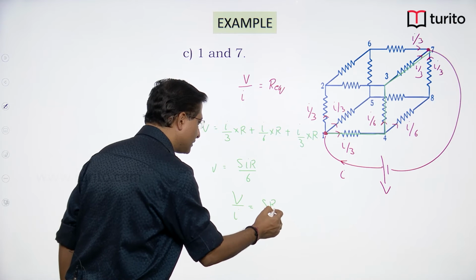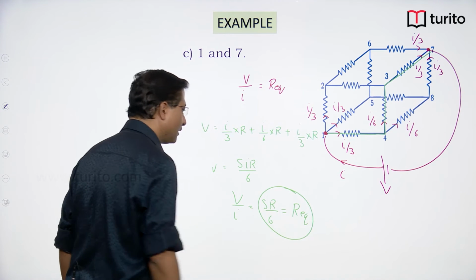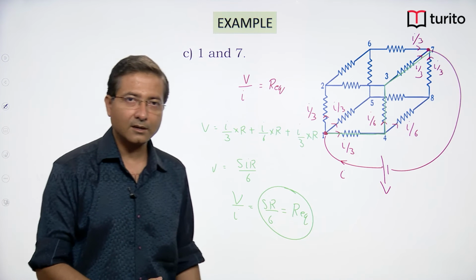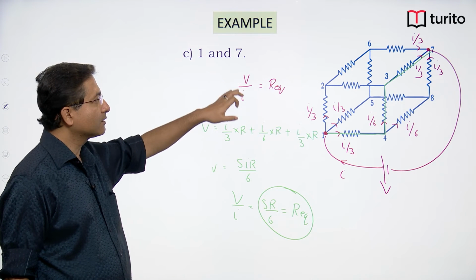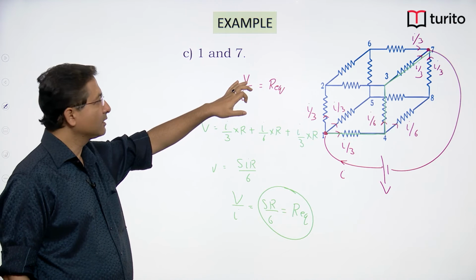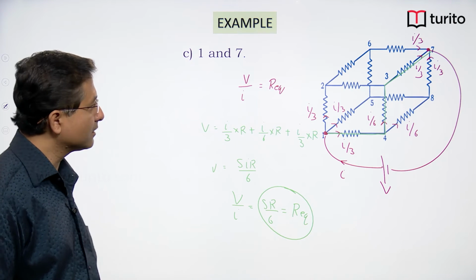This is 5 R by 6, this we are calling R equivalent. So, this is another approach of solving the question. If you can somehow get the V by I ratio, then you will get R equivalent. I hope this concept is clear.